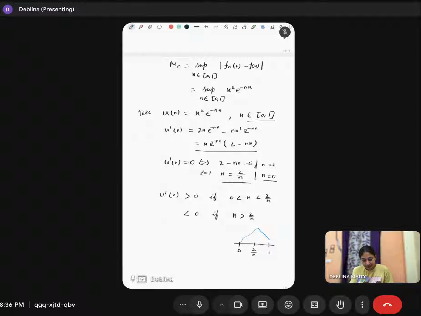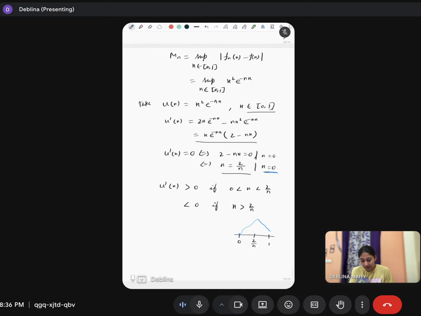Now at x equals 0 it is 0, so at the point x equals 0 it is taking its minimum value, because u(x) is 0 at x equals 0.